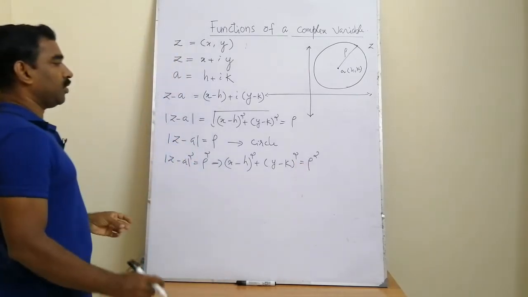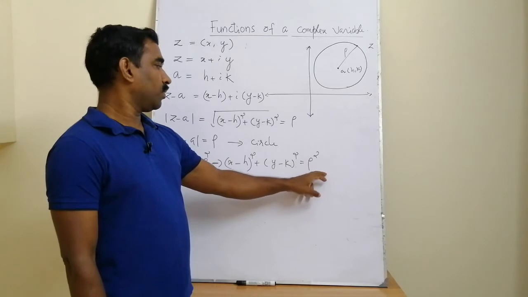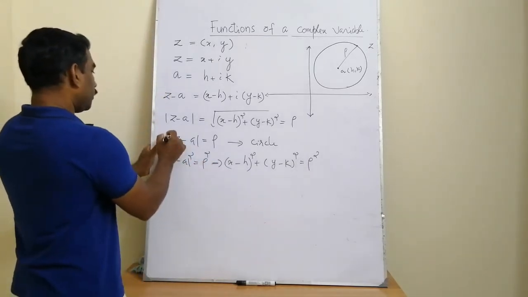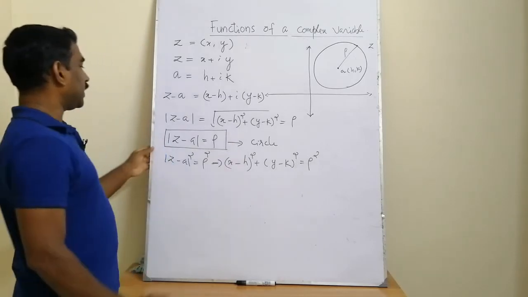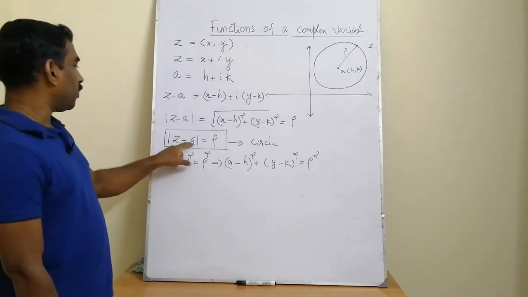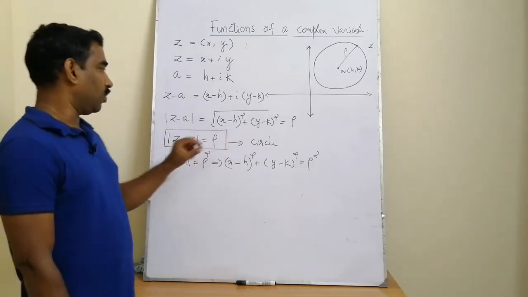We get the same Cartesian equation of a circle with the center at (h, k) and radius rho. In complex notation, we can represent a circle with the center at a fixed point a and having radius rho by mod z minus a is equal to rho.